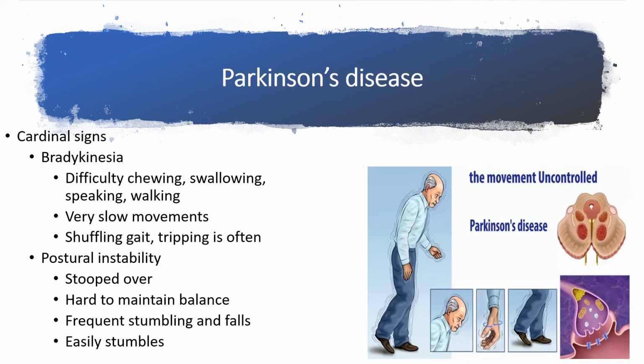So they are already unstable, so it's difficult for them when they start to trip on a carpet, for example, to catch themselves. They typically just fall. Okay, and that's where we come to postural instability. Stooped over, difficulty maintaining a normal balance, frequent stumbling and falls. Okay, so patients with Parkinson's often fall.